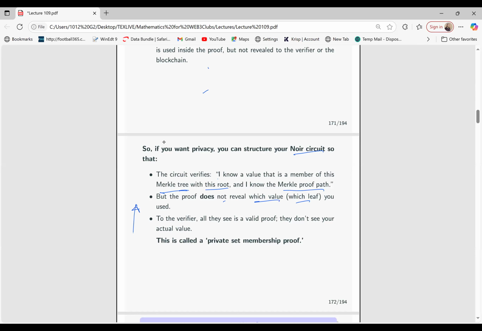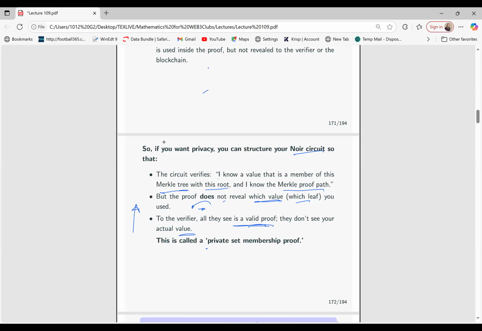But the proof should not reveal the value. So to the verifier, all they see is a valid proof. The verifier will just be saying that this proof is valid, but they won't see the leaf.